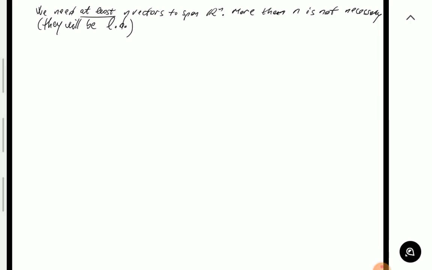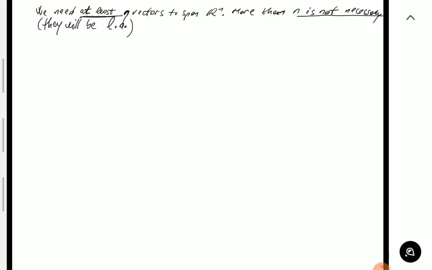All right, so let's summarize the key insights from the spanning sets and the linear independence properties. One more time, we need at least n vectors to span Rn. We established that when we talked about spanning sets. More than n is not necessary. This is the recent insight, because they will be linearly dependent, so any additional one will not change the spanning set.